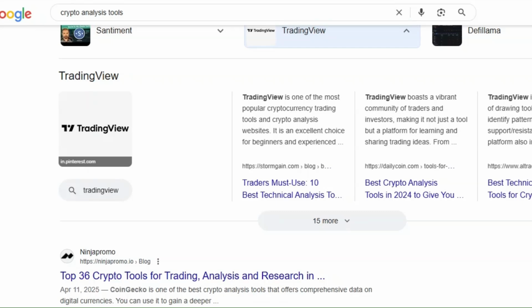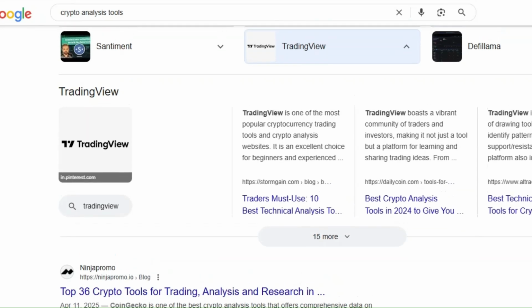TradingView is one of the most popular cryptocurrency trading tools and crypto analysis websites. It's an excellent choice for beginners and experienced traders. TradingView boasts a vibrant community of traders and investors, making it not just a tool, but a platform for learning and sharing trading ideas.